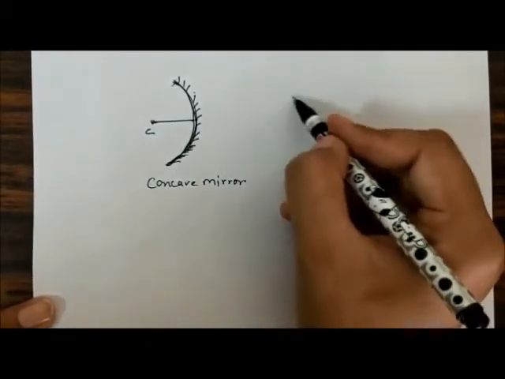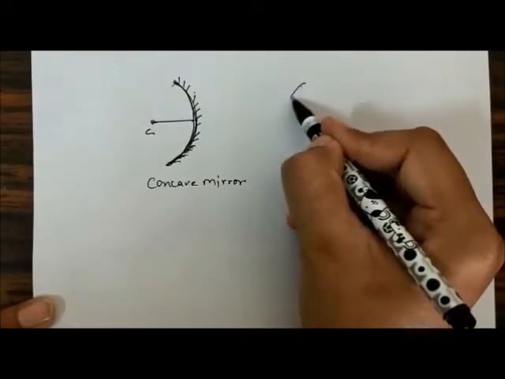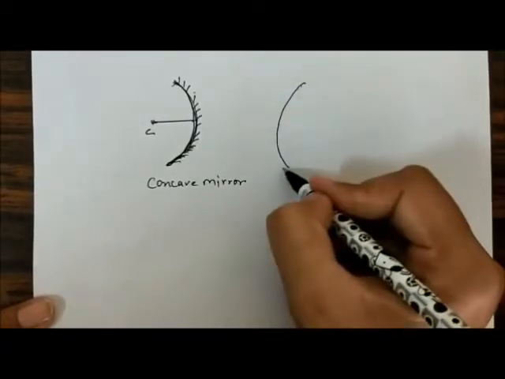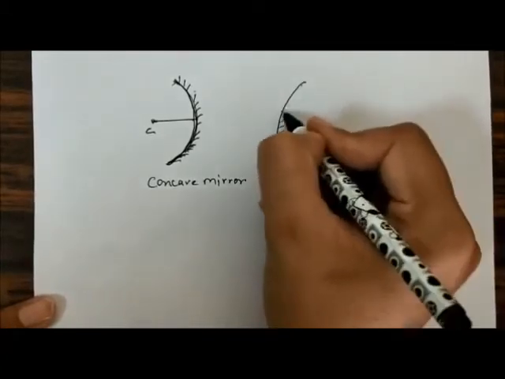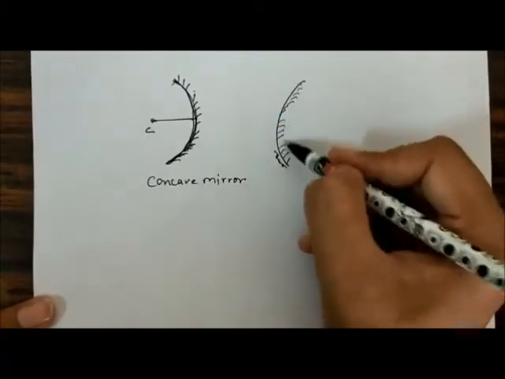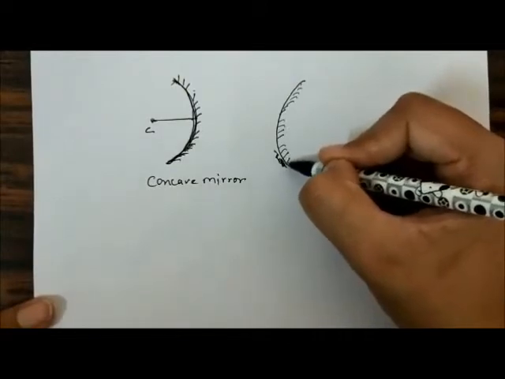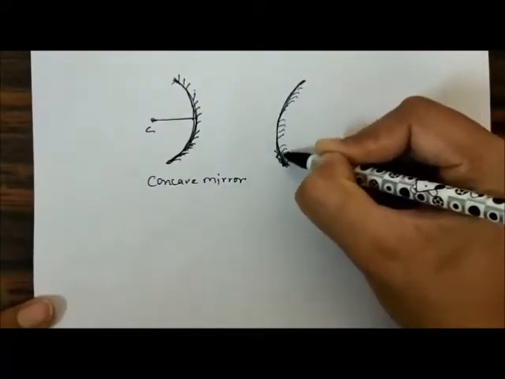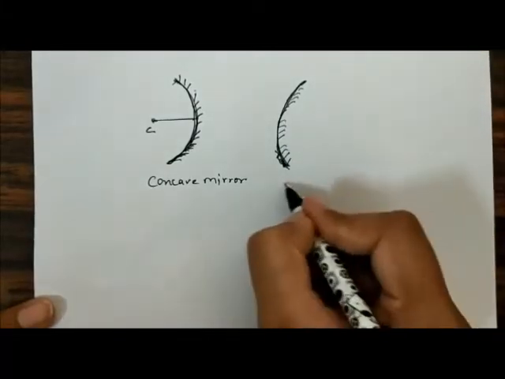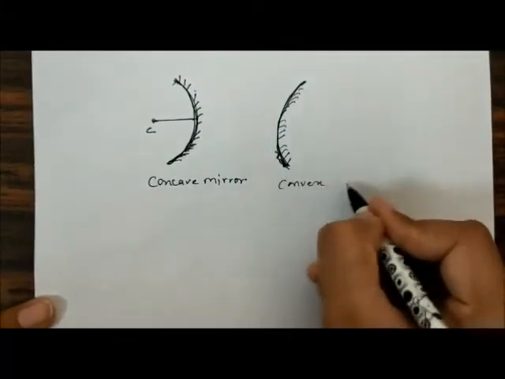Let us take another part of the spherical mirror. If it is curved outward, so this will be the pole and this will be the reflecting surface. This will be known as convex mirror.